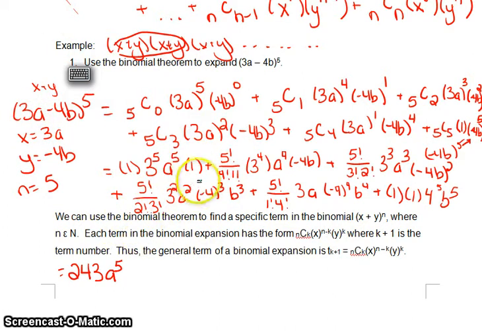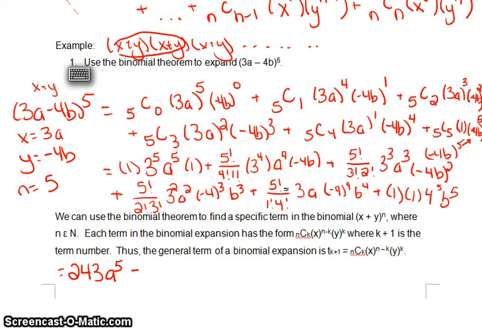Anyway, keeping on with the question, we're going to add, or in this case, subtract. We have a negative 4 here, and there's no exponent to help get rid of it. So it'll be 5 factorial divided by 4 factorial, which if you remember, is just n. So it'll be 5 times 3 to the power of 4 times negative 4.